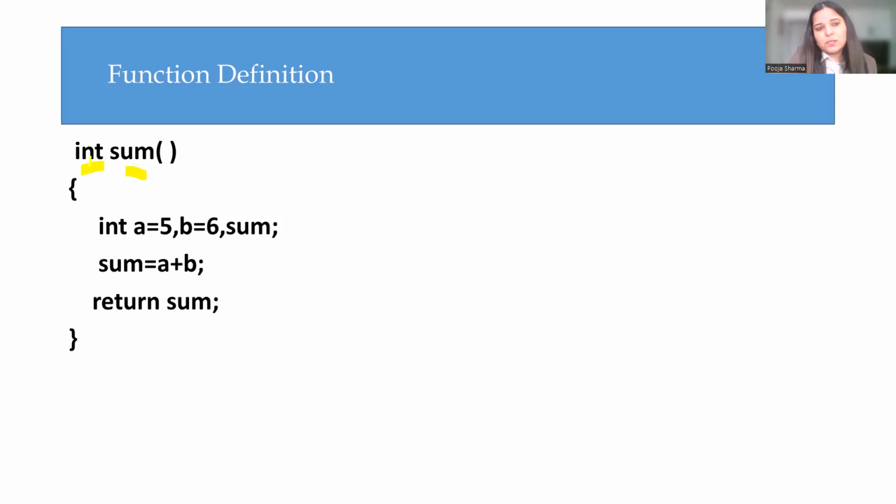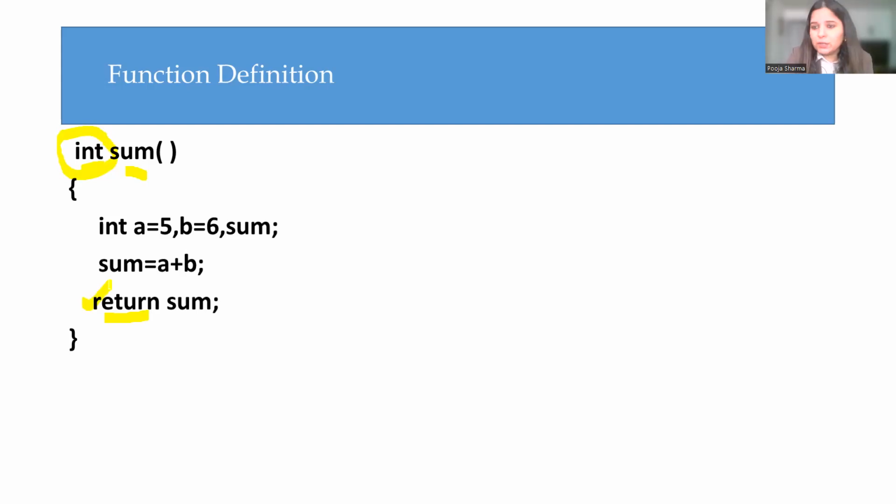So what we do is int sum, and here, whatever you want to do, you can write. So int a equals 5, b equals 6, and sum, and I am adding those numbers and I'm returning that specific sum. Why am I returning? Because this function will return something, and that too of integer type, right? That's why I am returning something.